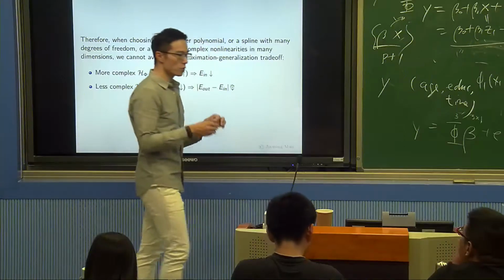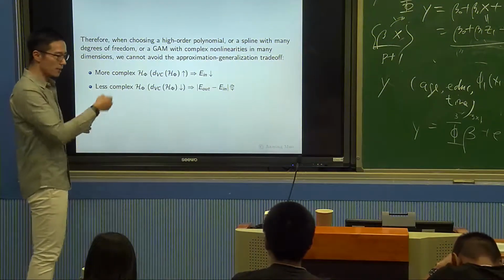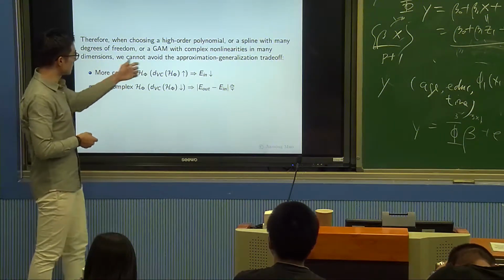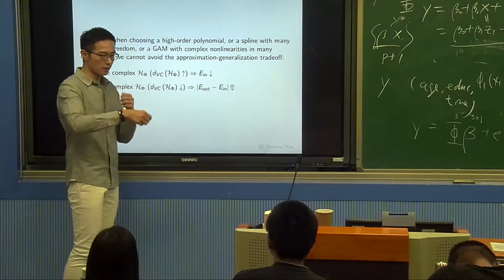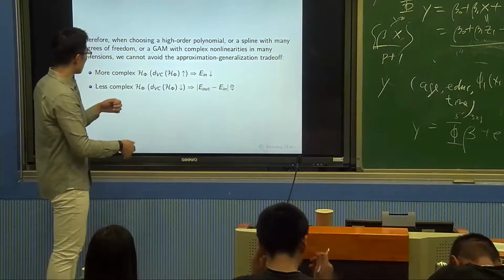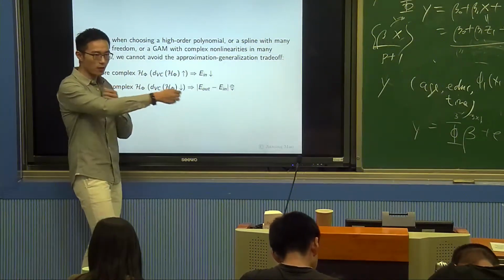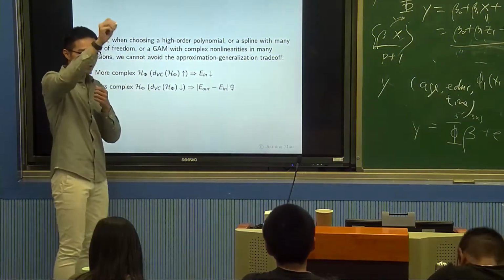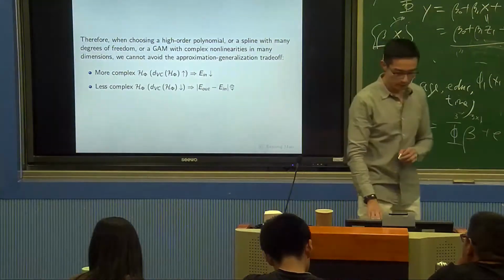If you transform X into a more complicated model, then E in is going to go down, but your generalization bound is going to go up. So we have this familiar U curve again. This is all old stuff.